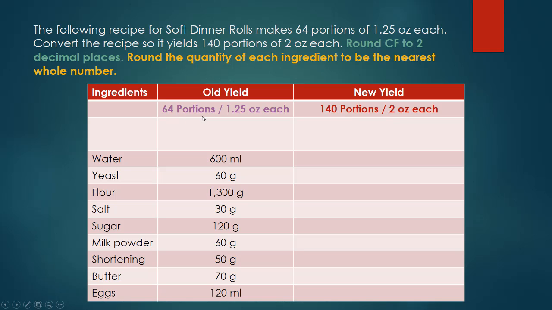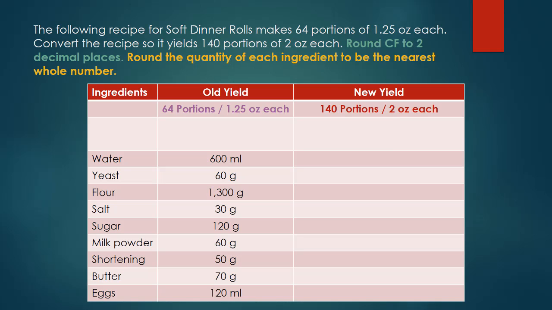So instead of 64 1.25 ounce soft dinner rolls, our customer wants 140 2-ounce dinner rolls. So we are going to have to figure out our conversion factor, and ultimately we're still going to get back to the new yield divided by the old yield. We just have to take into account the fact that we now have different portion sizes as well.